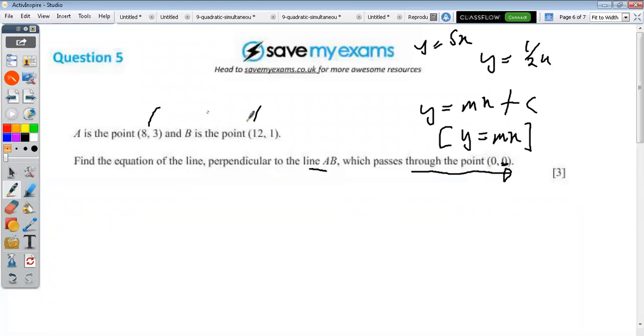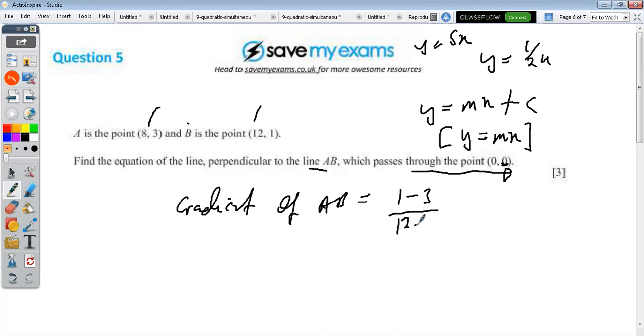So let's calculate the gradient of AB first. Gradient is change in y over change in x. It doesn't matter which one I start with. If I start with the 1 there, I'll say 1 minus 3 over 12 minus minus 8. So on top I get minus 2, over 4.